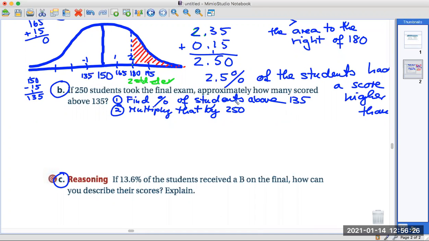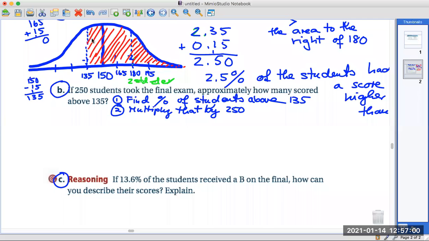So that's the score we're looking for, above 135. So we want the curve that's to the right. All of these scores to the right are above 135. All of this, including our little tail, right? All of these students in this area scored above 135. Does that make sense? Had it said below, I would go this way.